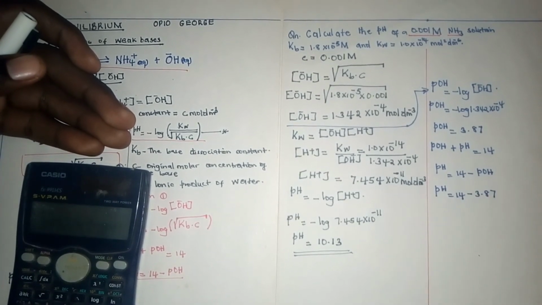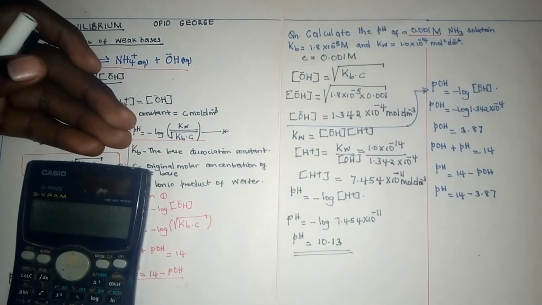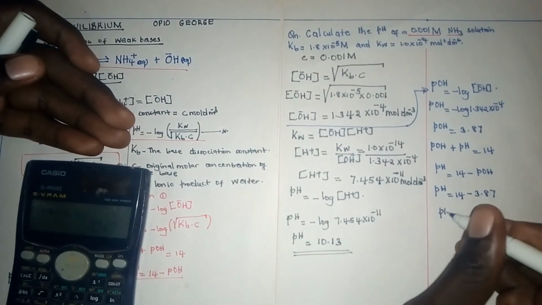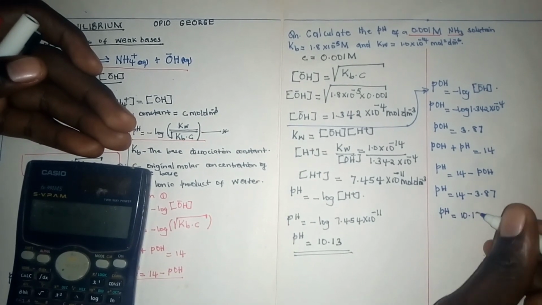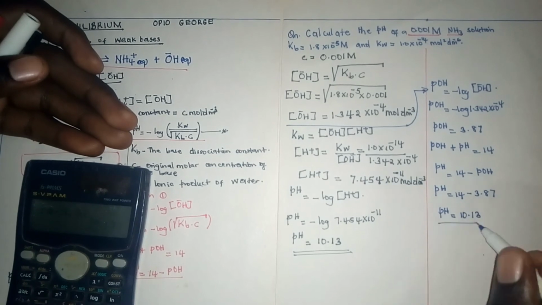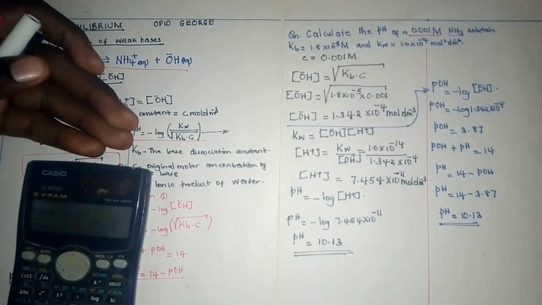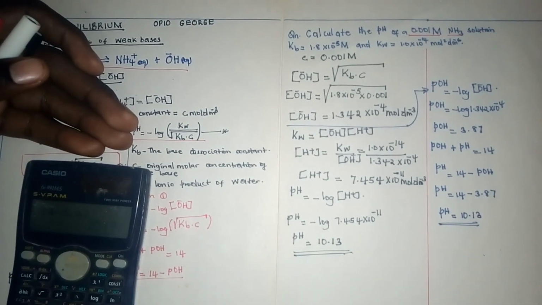So we get 10.13. The pH for that solution is 10.13, which is the same as what we had got before. So that is the way you can calculate the pH of a solution of a weak base when given the base dissociation constant, that is Kb, and the ionic product of water, which is Kw, and the initial concentration of that base.